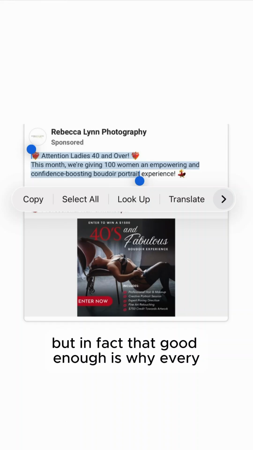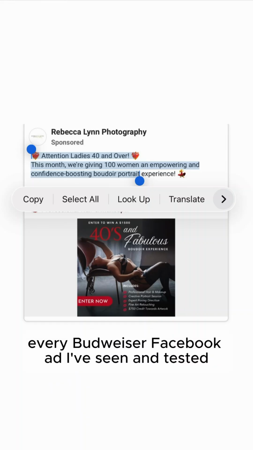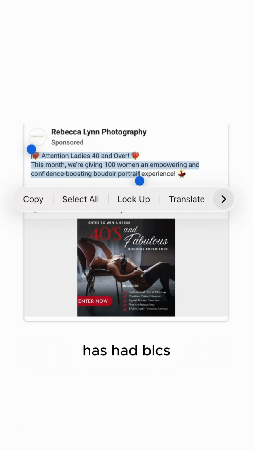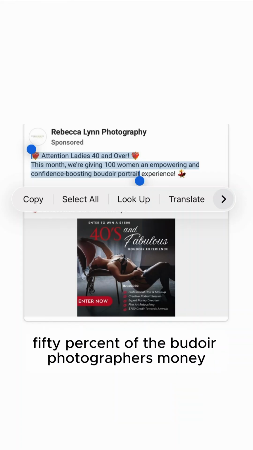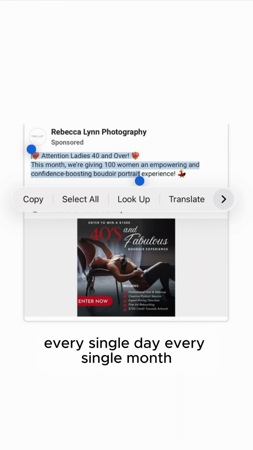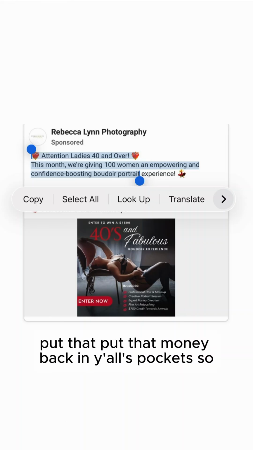But in fact, that good enough is why literally every Boudoir Facebook ad I've seen and tested has had BLCS, aka Boudoir low click syndrome, and is wasting approximately 50% of the Boudoir photographer's money every single day, every single month. So we want to solve that, put that money back in y'all's pockets.